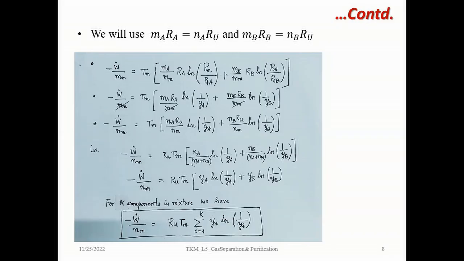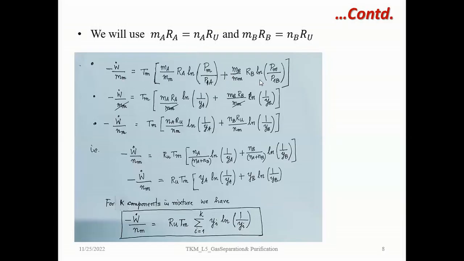So MA RA is equal to NA RU. Similarly, MB RB should be equal to NB RU, because the mass of gas B multiplied by the gas constant per unit mass equals the number of moles of B multiplied by the universal gas constant. Let us introduce this. Here we have written exactly the same expression as on the earlier page.